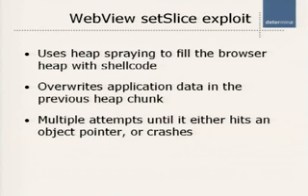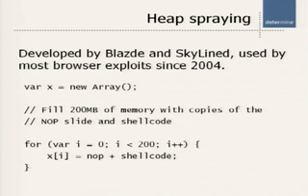In most cases, it actually worked. I was very surprised. It did work pretty well, but it was not 100% reliable. So I was trying to improve upon this exploit.